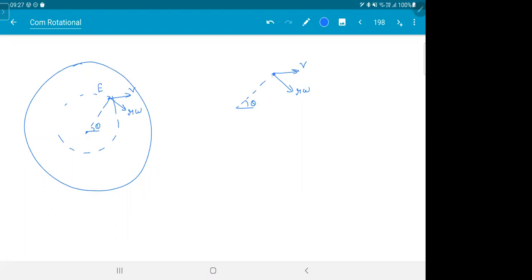This is theta. So you can resolve into vectors. R omega sine theta, R omega cos theta. So velocity of E will be V plus R omega sine theta i cap.